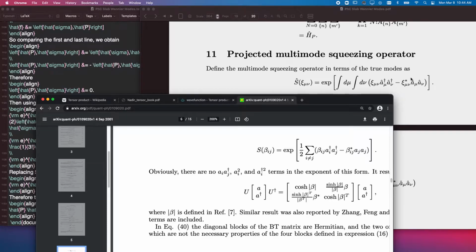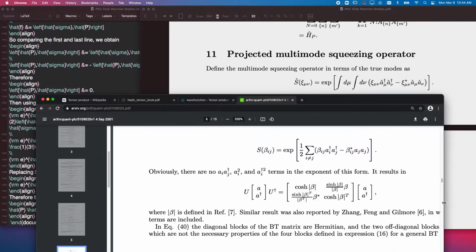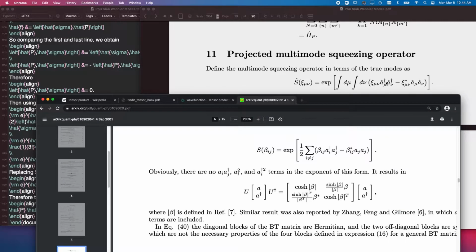And I think what this means is that you're going to create two photons, one with frequency mu and one with frequency nu, and then you're summing over all possible frequencies. But you're always creating pairs of photons.